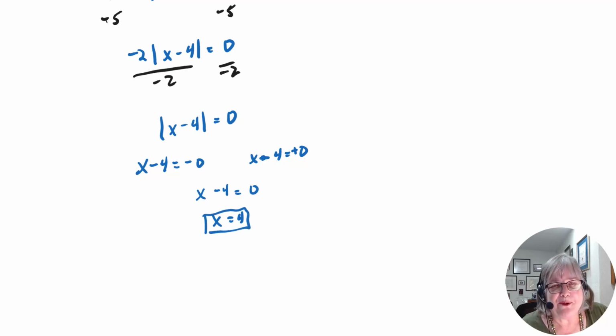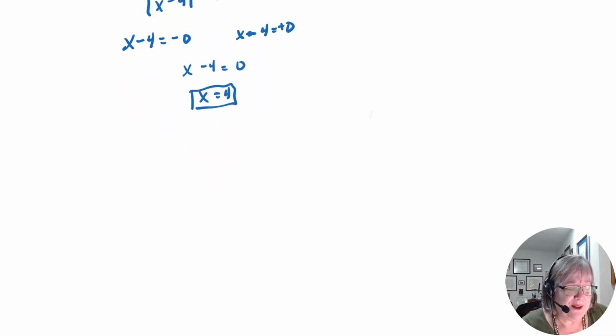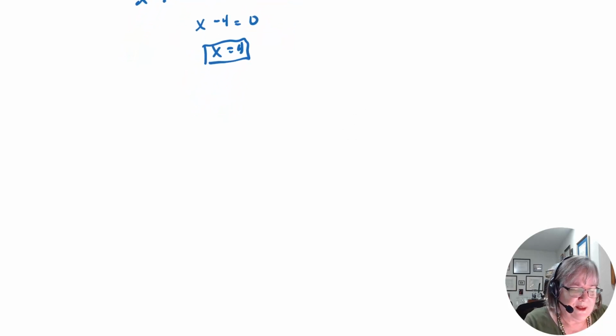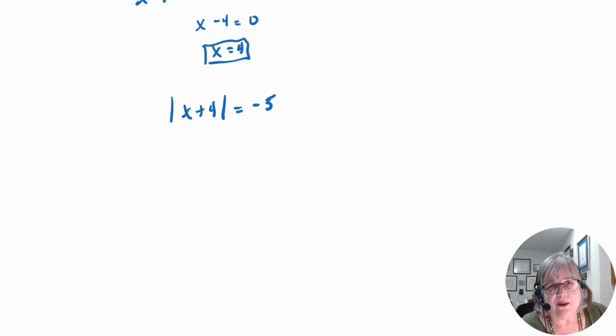So sometimes you just get one answer, and sometimes you don't get any answers. So let's look at this one. The absolute value of x plus 4 is equal to a negative 5. Now, you never take the absolute value of a number and get a negative out of it, because we're always asking for the distance, and the distance is assumed to be positive.